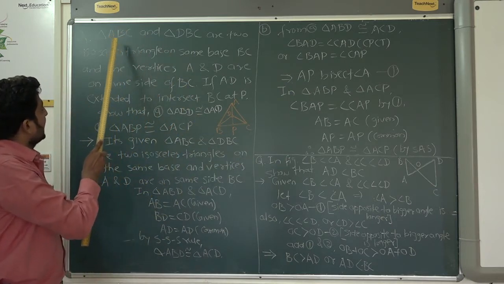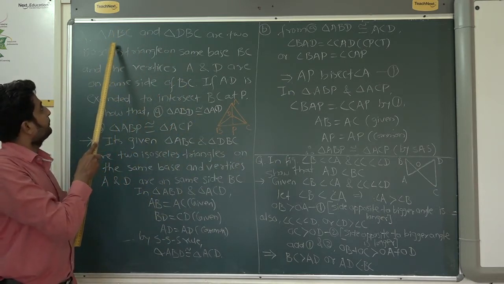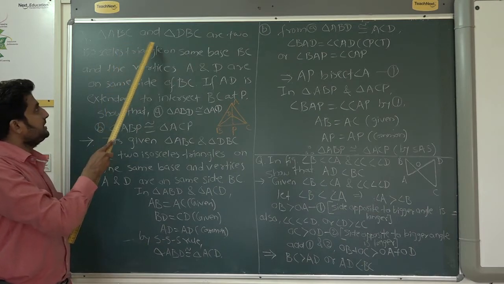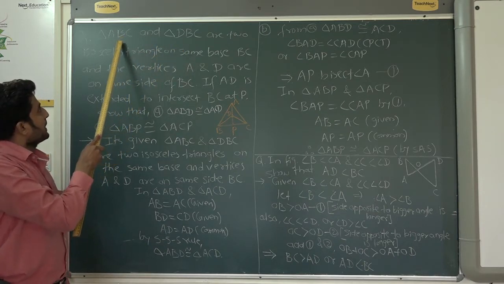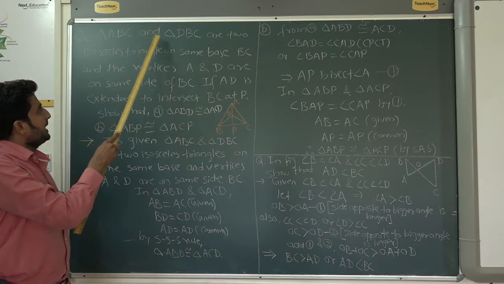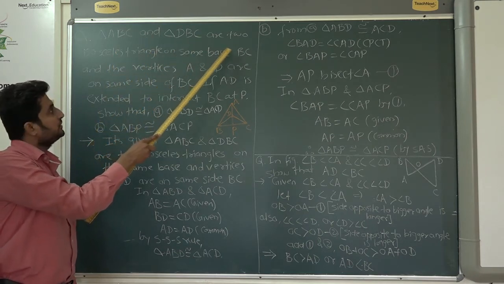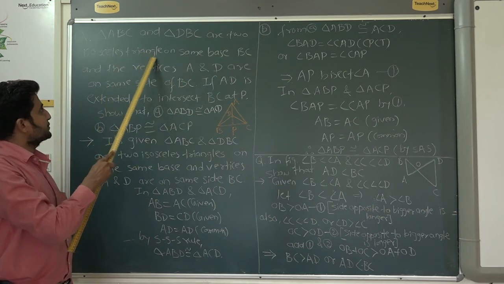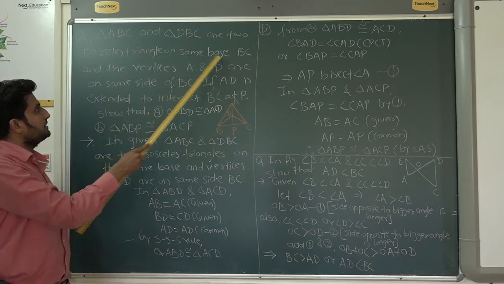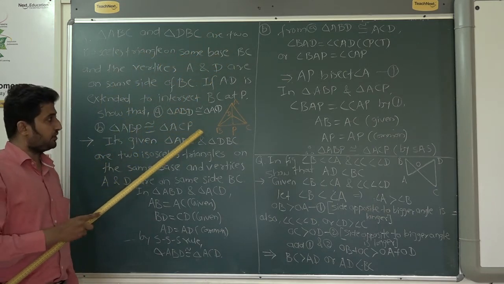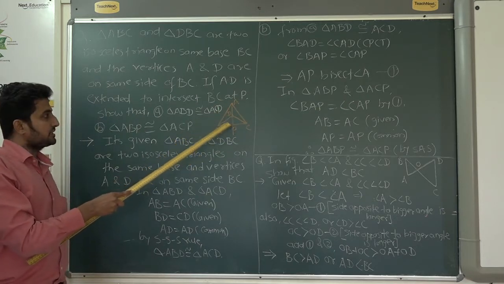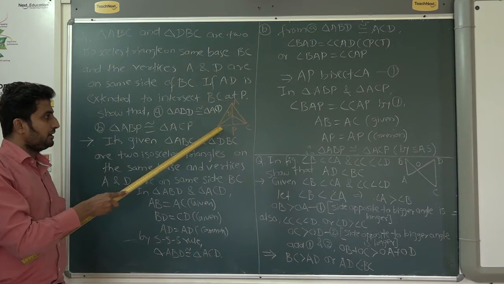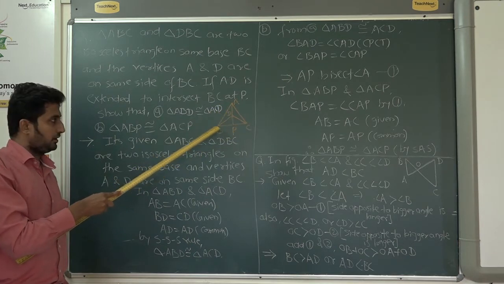Dear students, the question is here: triangle ABC and triangle DBC are two isosceles triangles on the same base BC. Now, whatever is given to us is the expression of the given figure.